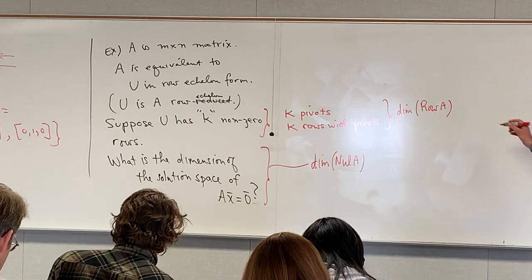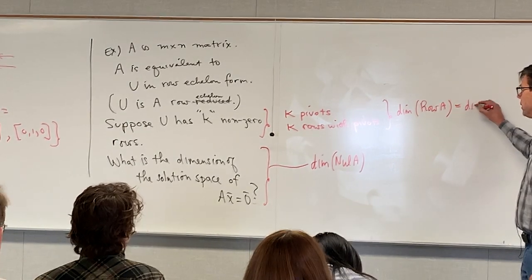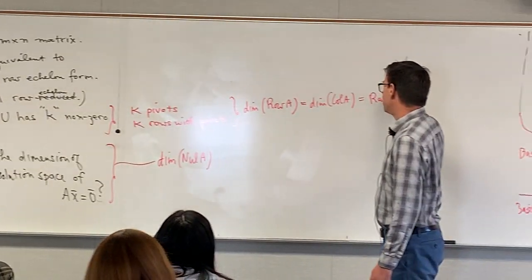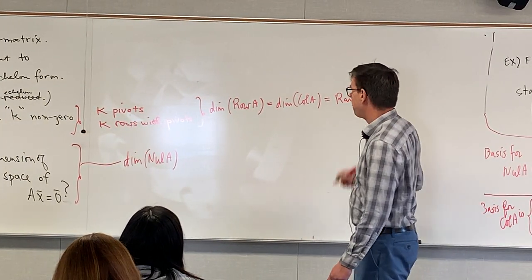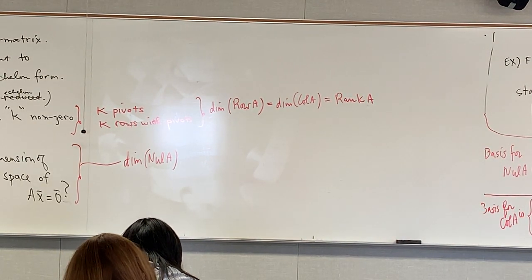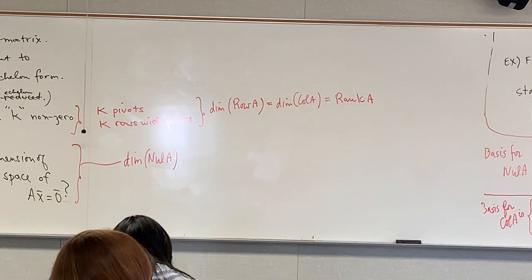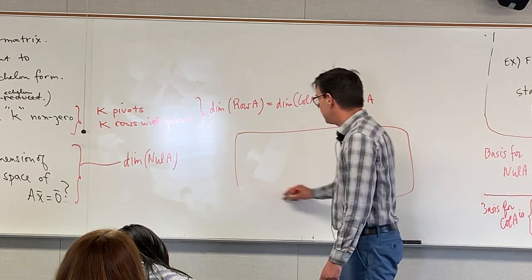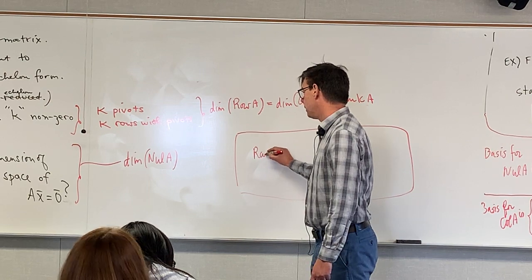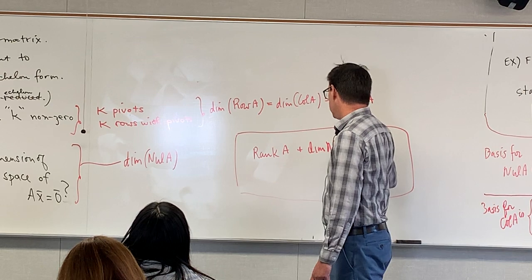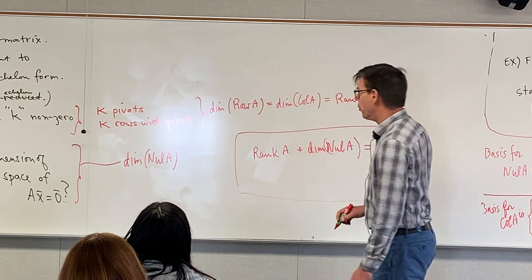But the dimension of the row space of A is equal to the dimension of the column space of A, which is equal to the rank of A. So this is where you have to fall back on the idea that the rank plus the dimension of the null space of A always adds up to something.